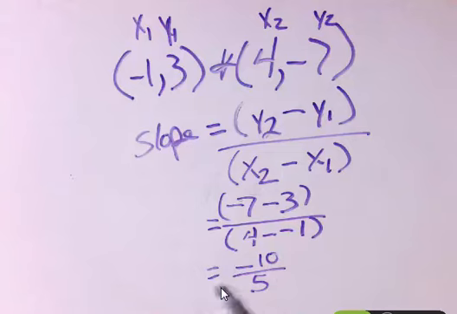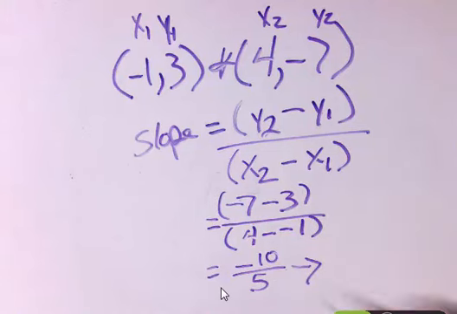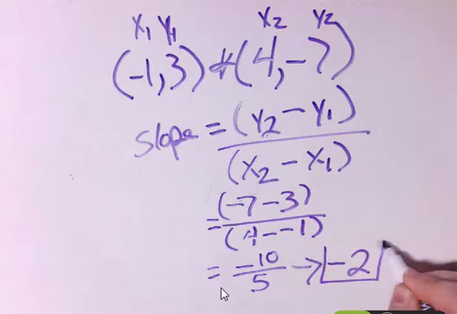So we're going to get the slope is -10 over 5, which we can then reduce to -2. So our slope of the line that runs between those 2 points is a -2.